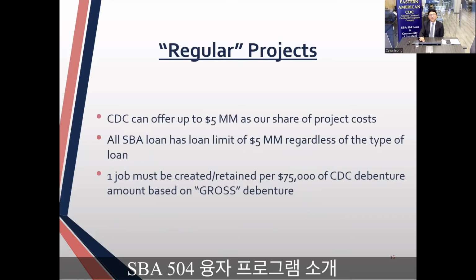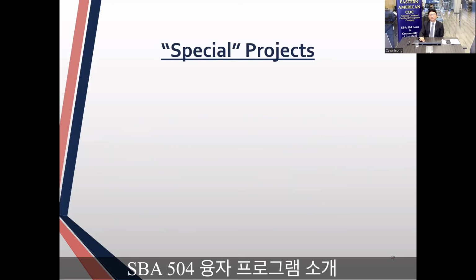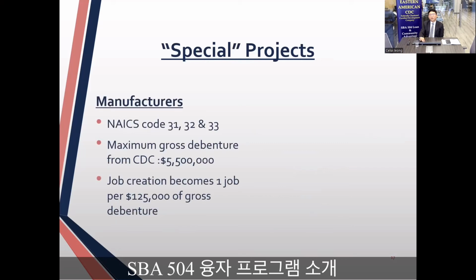For a regular project, the CDC can offer up to $5 million as a share of the project cost. And all SBA loans have a loan limit of $5 million, regardless of type of loan. But for special purposes, when you have a manufacturing business, NAICS code 31, 32, 33, then we can increase to $5.5 million.